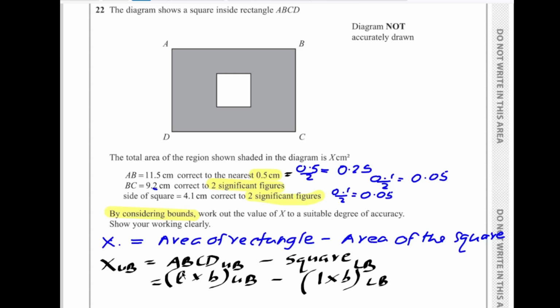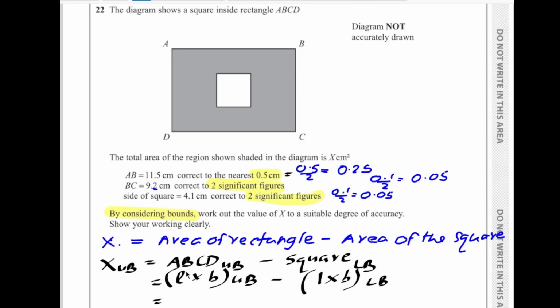Now again we have to check this way. To get the whole answer upper bound, I need to get individually the upper bound of the length and the upper bound of the breadth, because if it is a multiplication, when we are getting upper bound, both the measurements should be in upper bound. Then only we are getting the maximum answer. When multiplying, both the cases should be in upper bound.